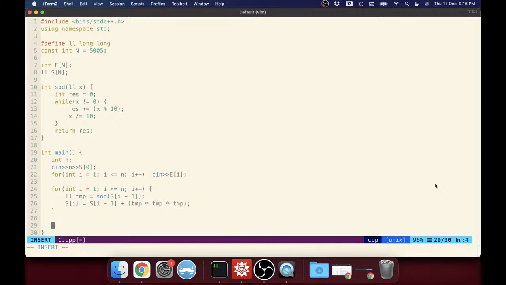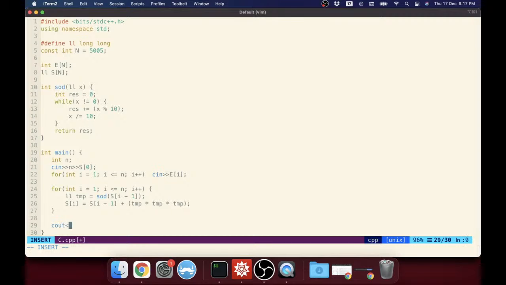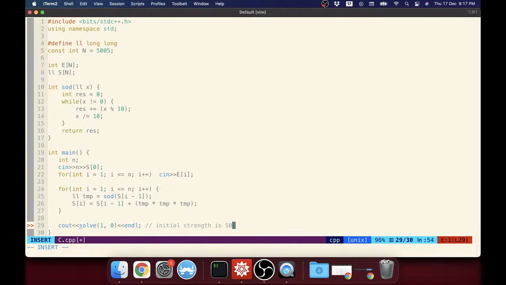Now coming to the DP part. For the DP, you're basically calling solve with 1, 0, because our initial strength is S0. That's why I'm calling with 0 as the second argument.